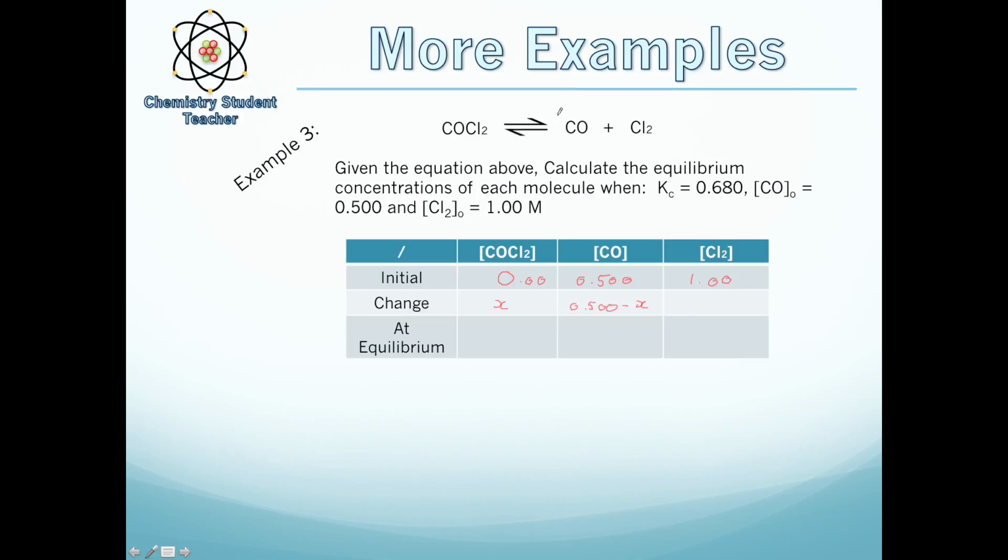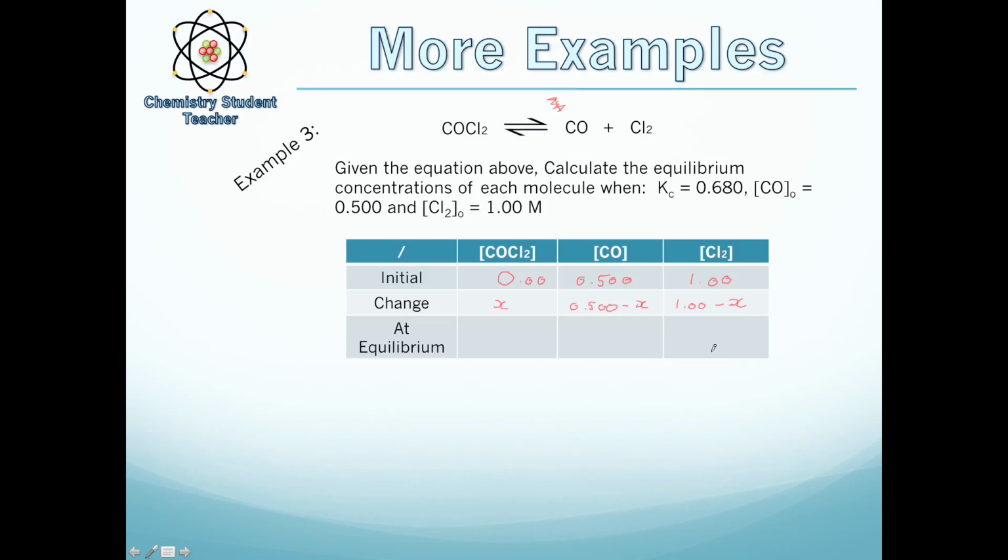If, for example, we had a 2 in front of the CO, it would be half that, as 2 moles are going to make 1, so you would lose double the amount, you would lose 2x. In Cl2, we have 1.00 minus x as well, because again, it's a one-to-one reaction, so it loses x.